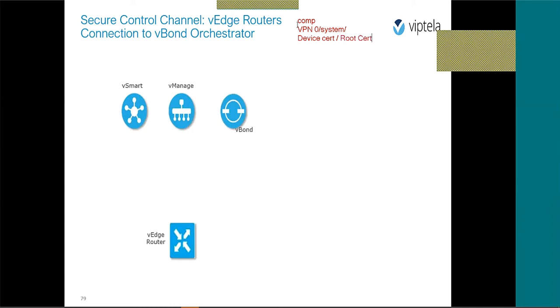So this is initialized. And then the second thing, on vManage, we whitelisted the controllers. So we added vBond, and then we added the vSmart.